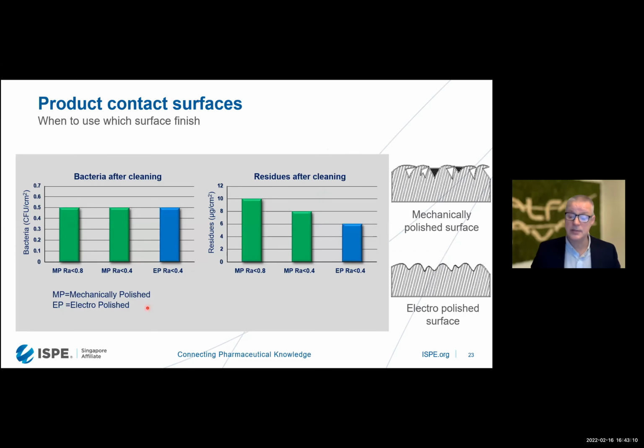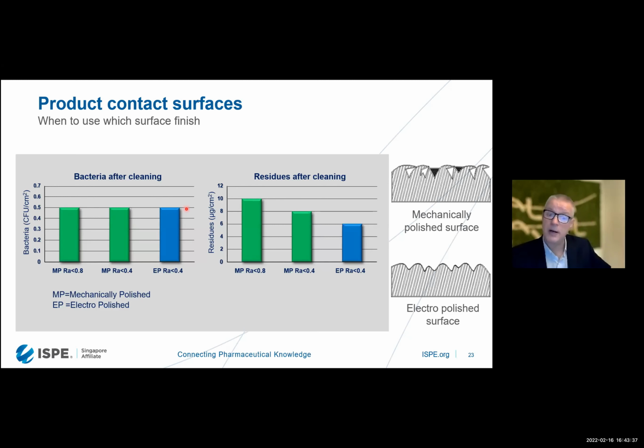We have also done some tests in our laboratory to see how bacteria attach to different surface finishes. We tested mechanically polished surfaces at Ra 0.8 and 0.4, and also electropolished surface at 0.4, and we saw that the amount of bacteria stuck on the surface after cleaning was the same.